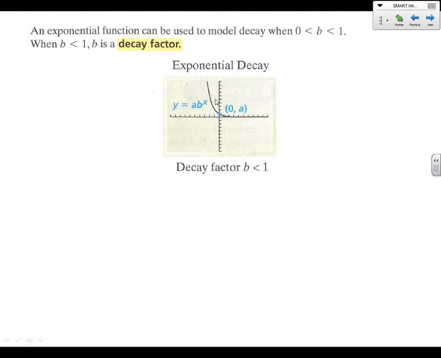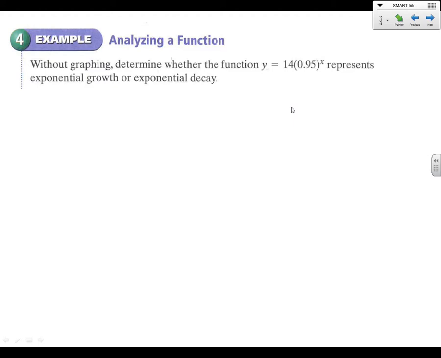Okay, you may have talked about that in a science class so far. B is less than 1, we're going to have exponential decay. Right? So we're losing value very quickly, and then we flatten out. So let's take a look. Without graphing, can we tell whether this is growth or decay? So we're going to look at our growth factor. Our growth factor is 0.95.